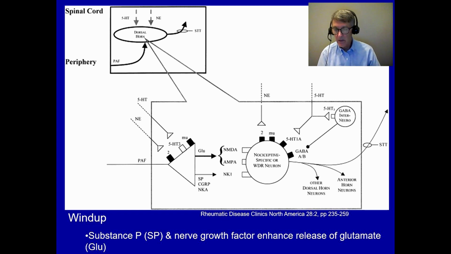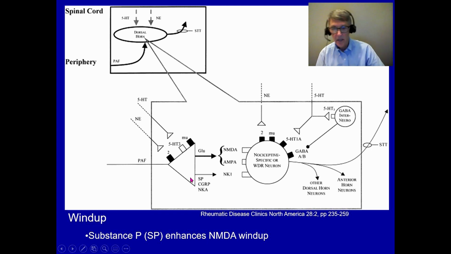And then note also that the mu opioid receptor reduces glutamate and substance P release. Other descending spinal pathways. Okay, so we say substance P enhances NMDA wind-up.